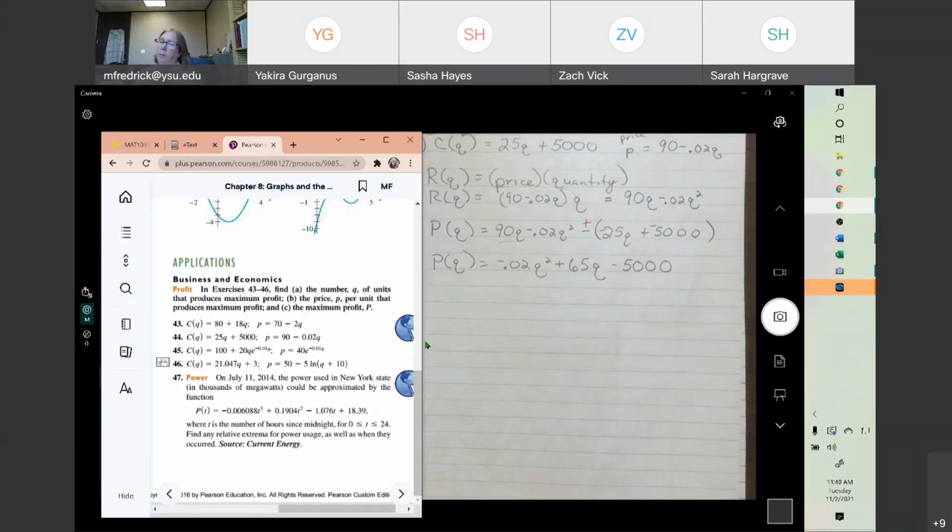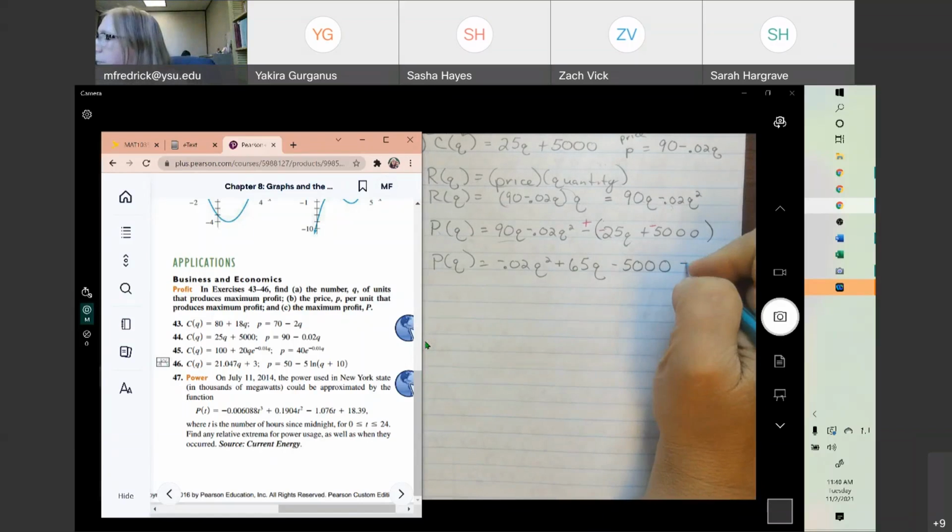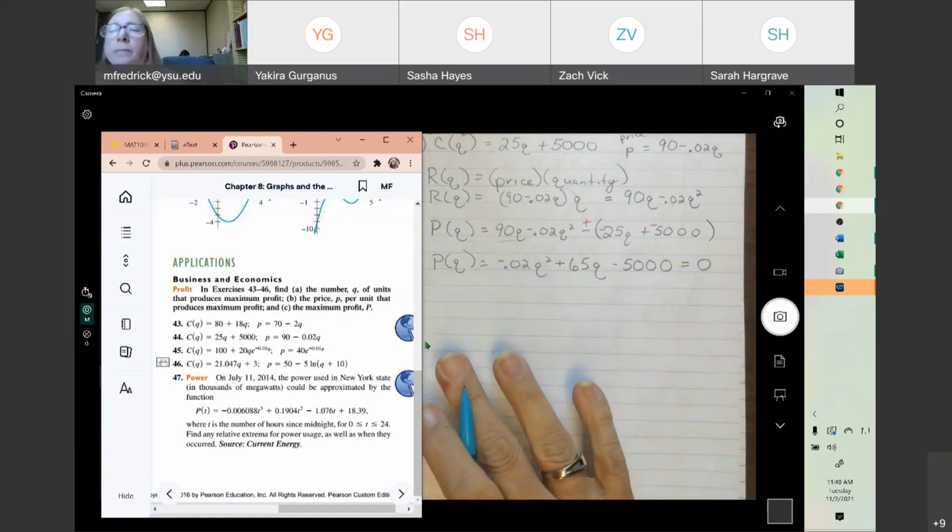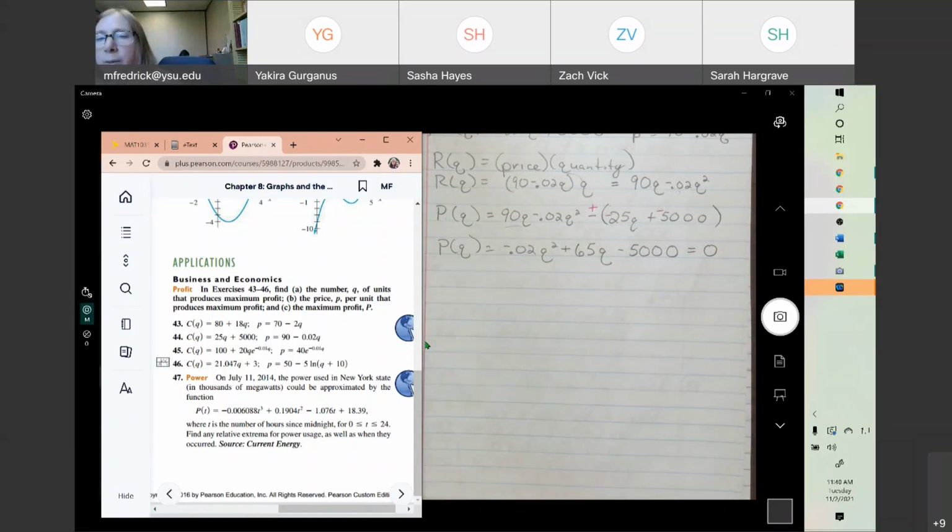Definitely one that you would not want to try and factor. So you would have to use the quadratic formula. Any questions on that part?